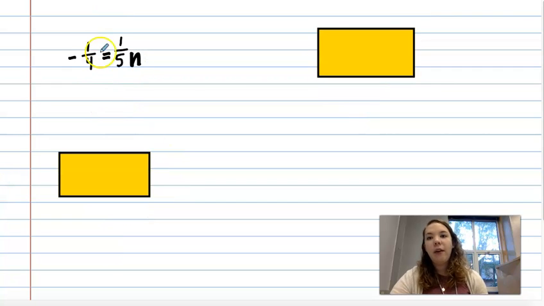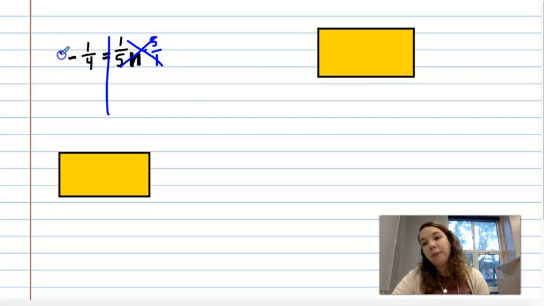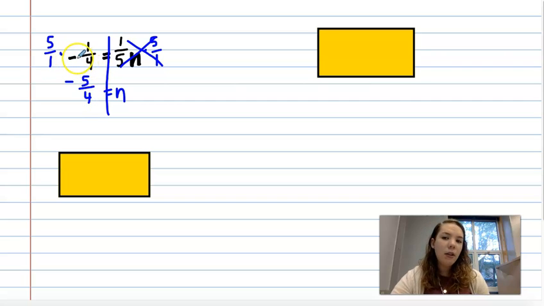All right, another fraction. So to get rid of 1/5, we have to multiply by the reciprocal, 5/1. And 5/1 is the same as 5. So this would be -5/4. Now this negative is kind of in the center.